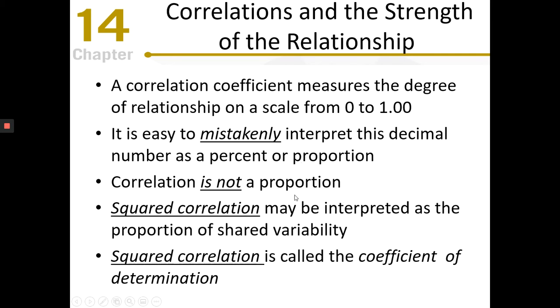So typically, with all our inferential statistics, we've been having our statistic and then we've been having our effect size. The effect size is the squared correlation. Remember R squared, our little friend from the t-test? Remember R squared equaled t squared over t squared plus degrees of freedom, that little formula?